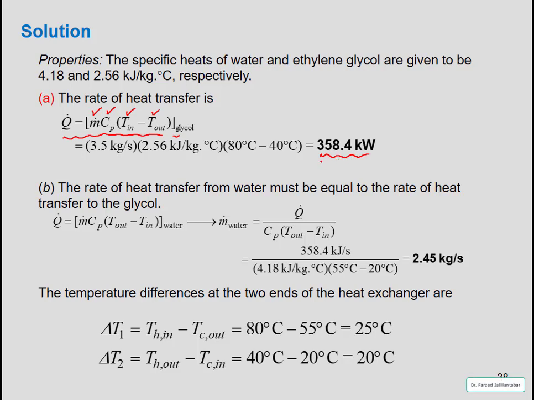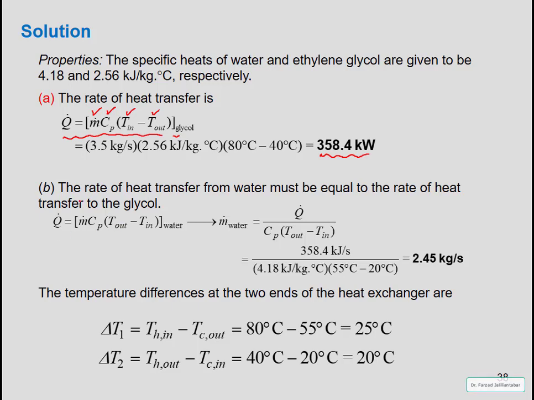And as I said for the previous problem, here also the Q dot for ethylene glycol should be equal to Q dot for the water, or Q dot for the hot fluid should be equal to Q dot for the cold fluid. So the rate of heat transfer from glycol must be equal to the rate of heat transfer to the water.